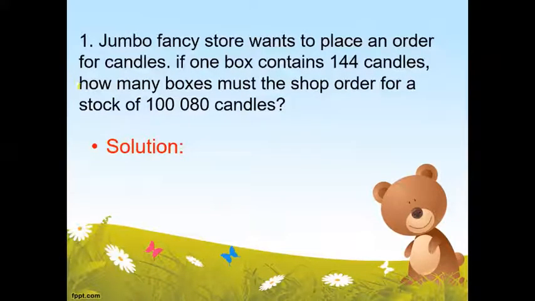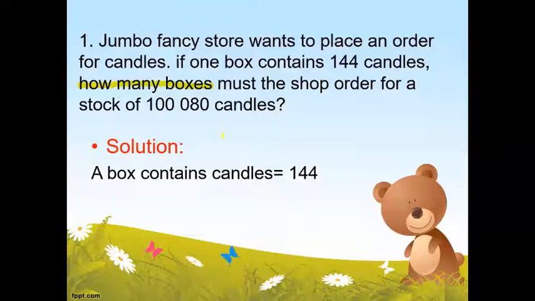We want to calculate how many boxes. That means we want to calculate the number of boxes. I have told you that when we want to calculate the number of boxes or the number of something, we should use division as our operation. So here you can see the statements. A box contains candles, those are 144.